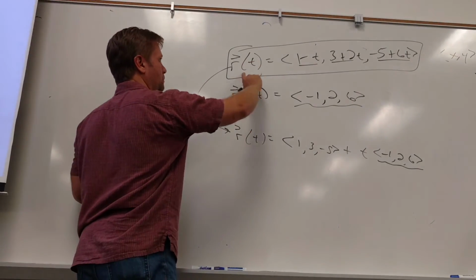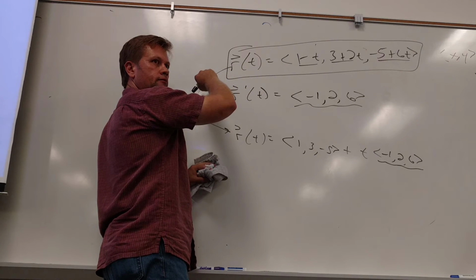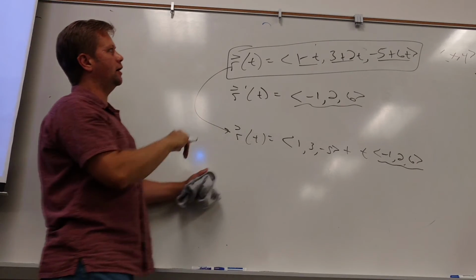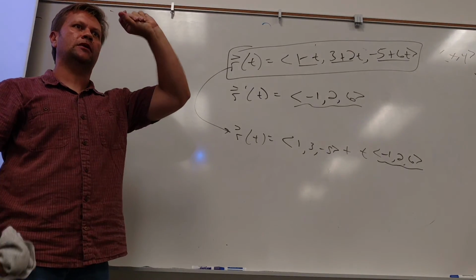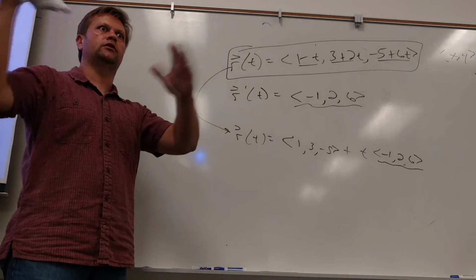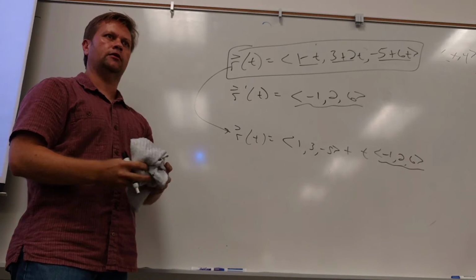Well, first off, can you give it to me in this form? I guess probably not. One reason you can't is because a plane is a collection of an infinite number of vectors, and they're all in different directions. So there's no singular way to capture them like that, right?